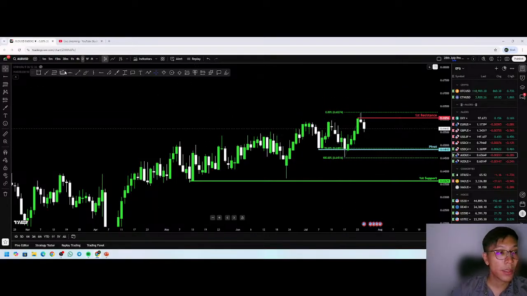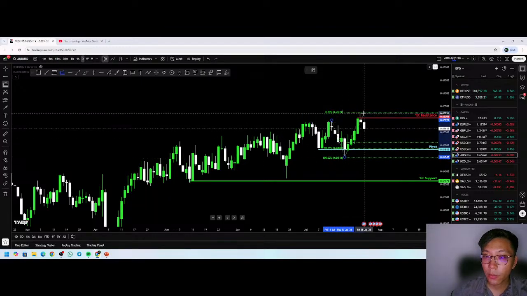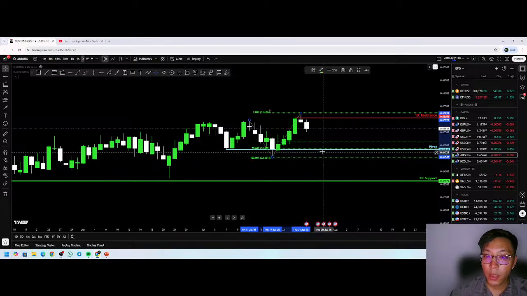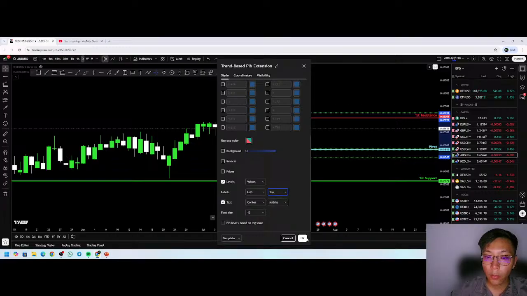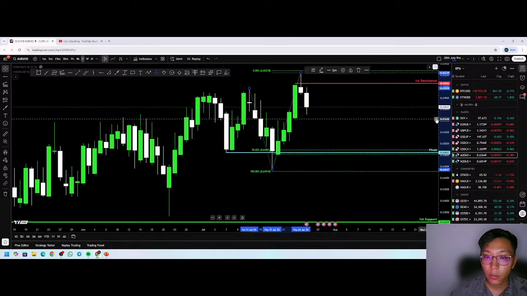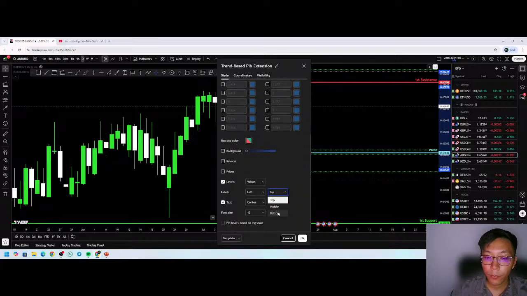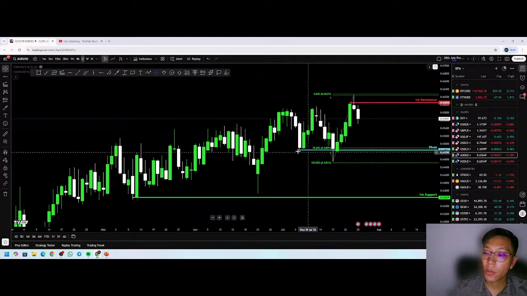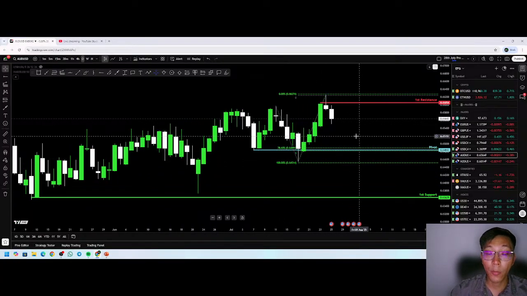All right, then let's see if we are able to also find a projection. Might be the 100%. Yep, we are looking at it right here. Okay, so we have the 78.6% Fibo retracement level as well as the 100% Fibo projection right here at our pivot point.